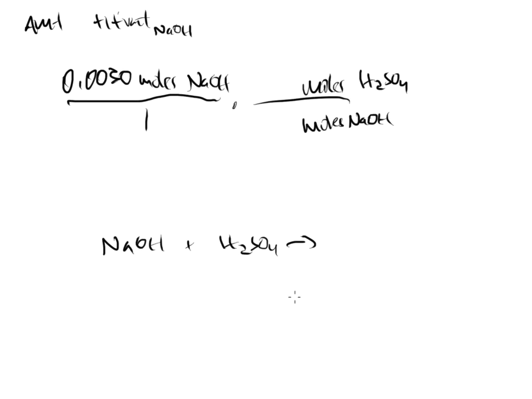H2SO4 is going to undergo a double replacement reaction, a neutralization reaction, and the Na and the H switch places, and that will give me H2O, which is going to be water, and Na and SO4. But it's actually Na2SO4 because the sulfate is a -2 and the sodium is a +1. So in order for this to work and balance out the proper way, I need 2 sodiums for the sulfate.